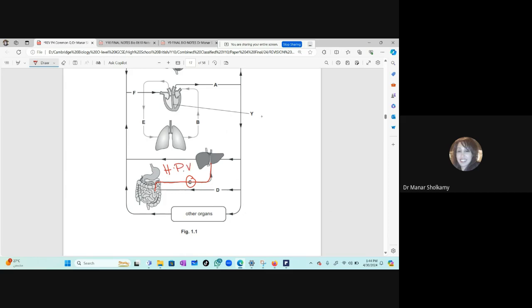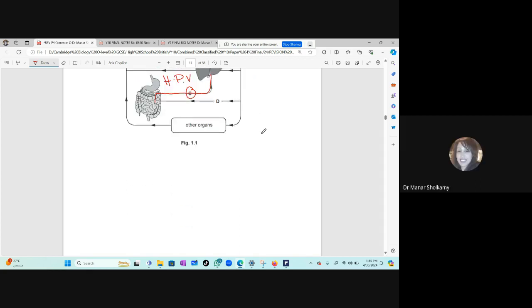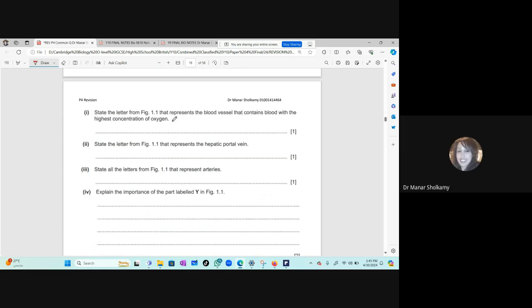Now, we did say that the vein coming out of the lungs going to the heart, what is it? Pulmonary vein, correct. Now coming out of the heart, going to the lungs. Pulmonary artery. What is F? Going towards the heart. Vena cava. Okay, so we already labeled that.